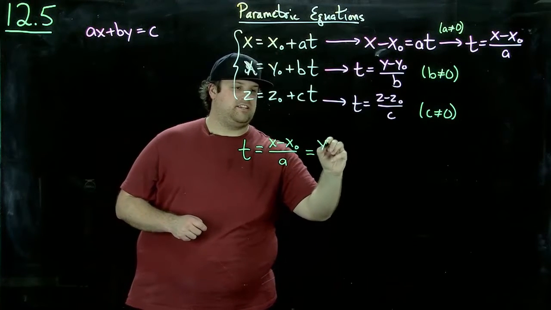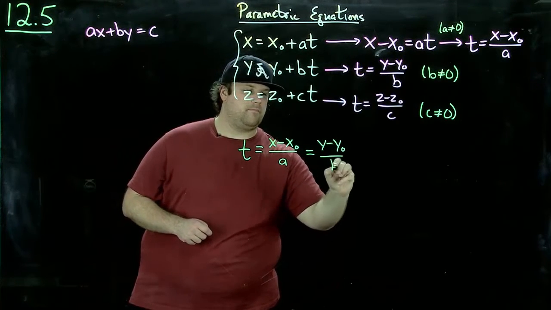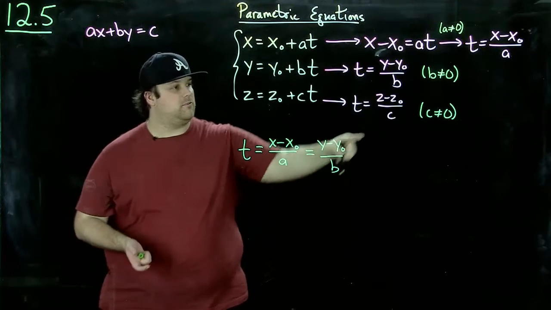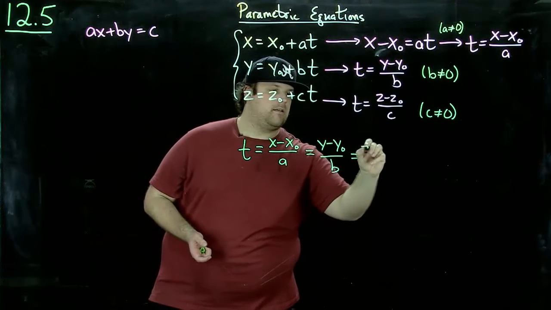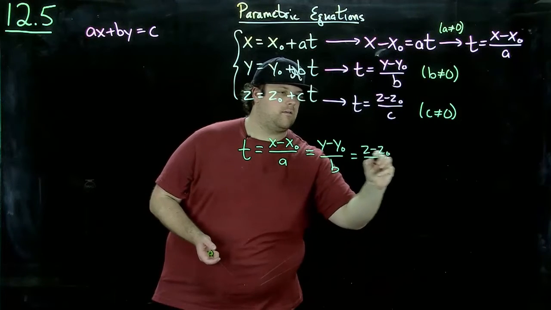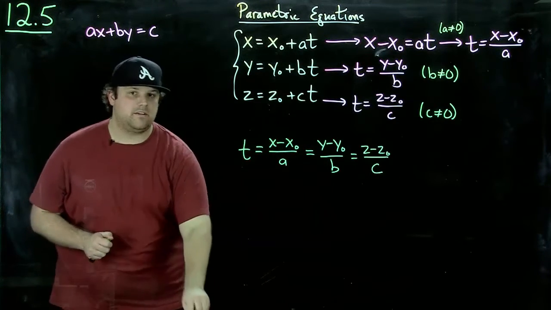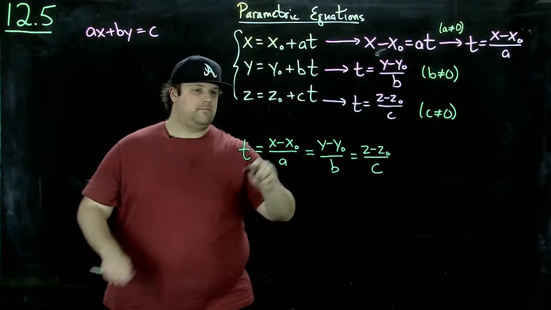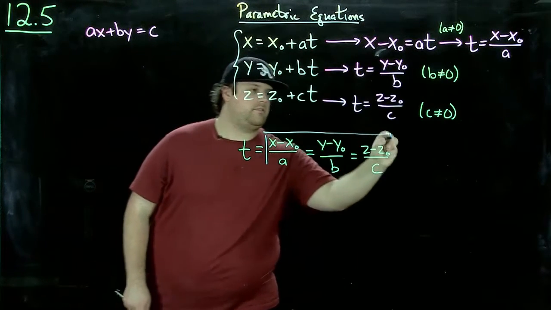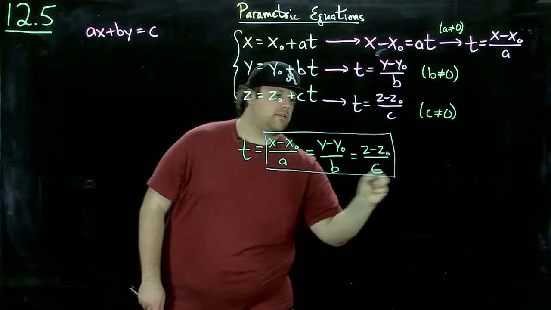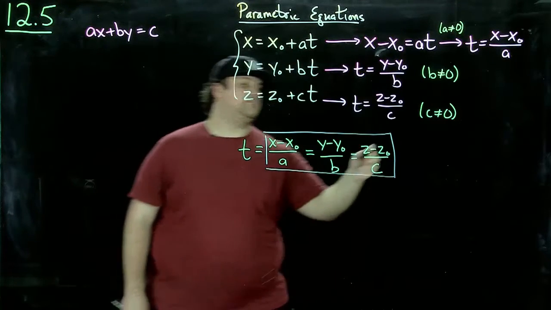So we can just continue the string. And one more time with the z's, z minus z naught over c. So this here, these are known as the symmetric equations.